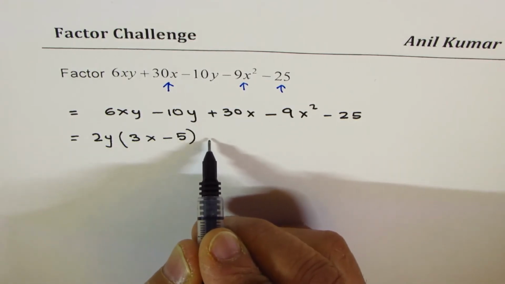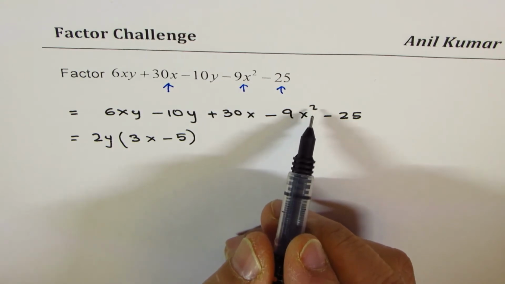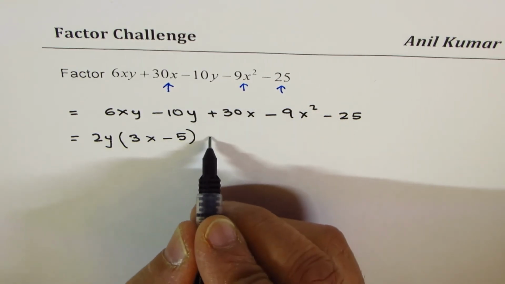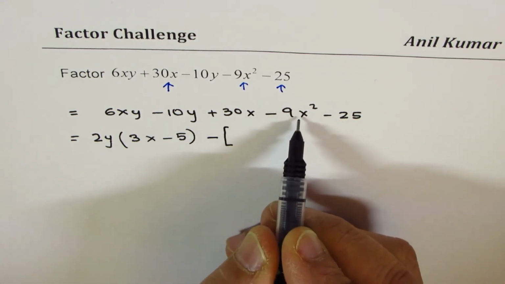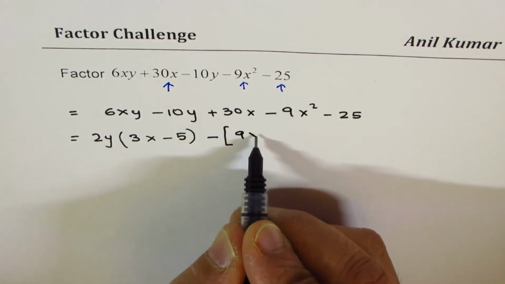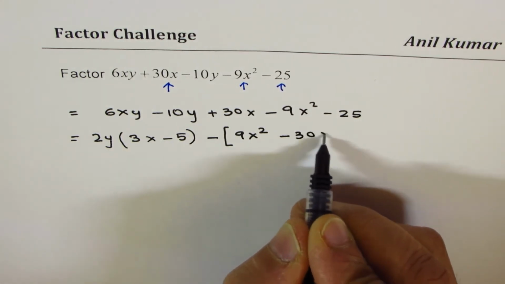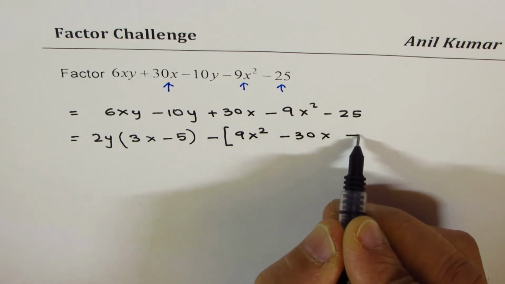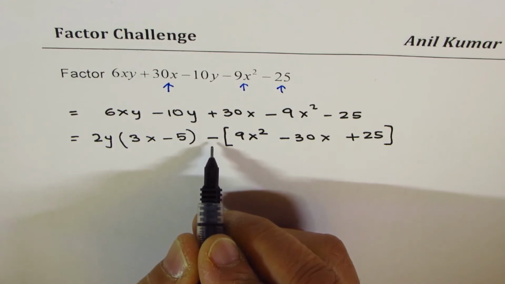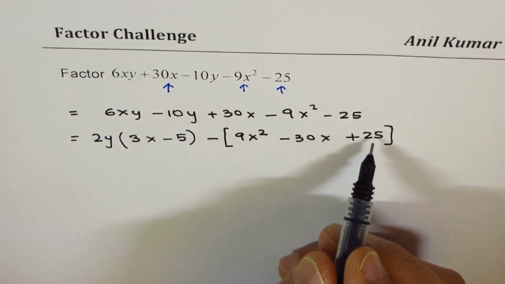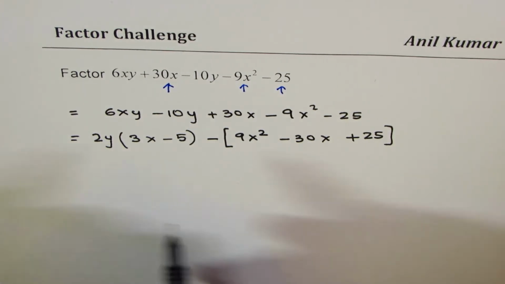Now here, what we can do is, we would like to keep the coefficient of x squared as positive. So I'll prefer to rewrite them taking negative outside. So I'll write first this term, which will be 9x squared, then minus 30x, and then 25 as plus 25, since we have taken negative outside. Perfect. And all these powers are in decreasing order. So that is how you should put polynomials together.